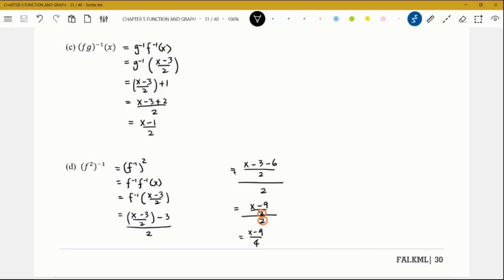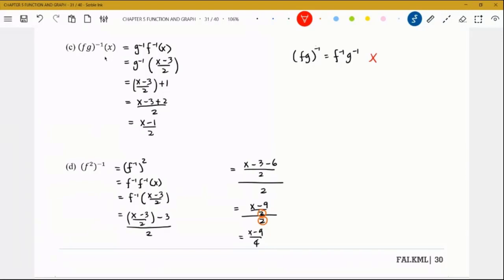Miss, yang C tu kan Miss, kenapa tukar tempat yang G sama F? Sebab itu properties untuk inverse. Bila kita inversekan dia, yang belakang akan ke depan, yang depan ke belakang. Dia bukan bermaksud yang FG bila dia inverse ni, dia end up dengan yang ini dengan ini. Ini salah.